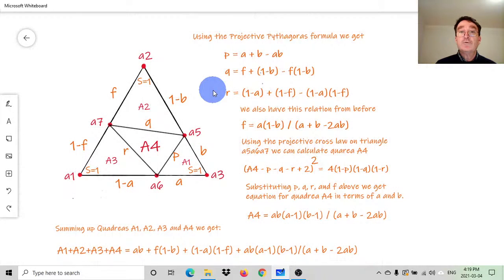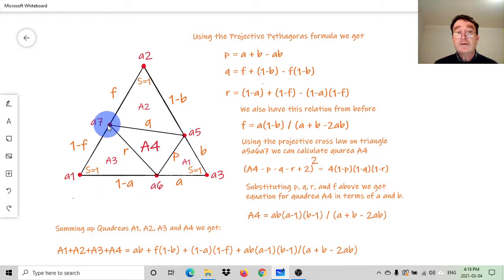So what we're going to do next is, from those lines we had previously, we had points, they became points A5, A6, A7, and when we connect those points together, we form this triangle inside with quadria A4.